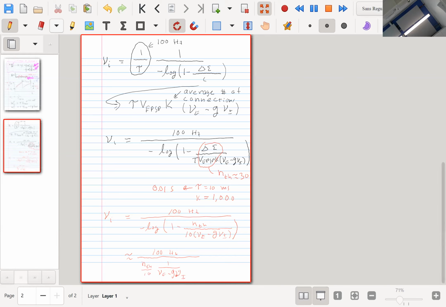N threshold is about 30. This ends up being approximately equal to 30 times nu E minus G nu I.